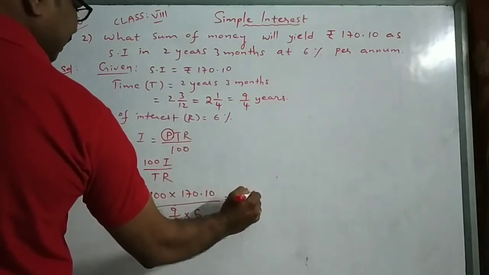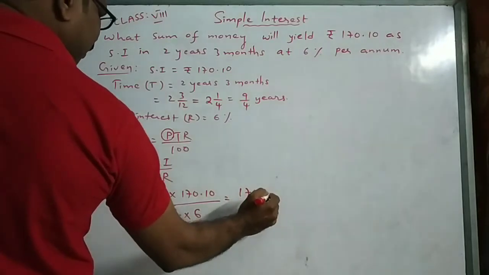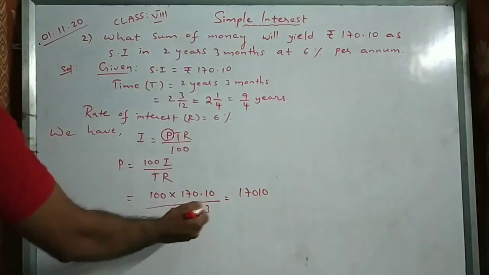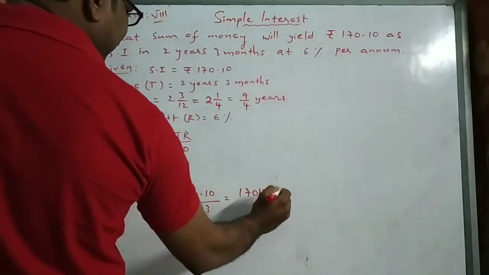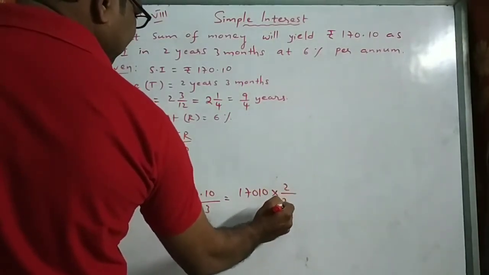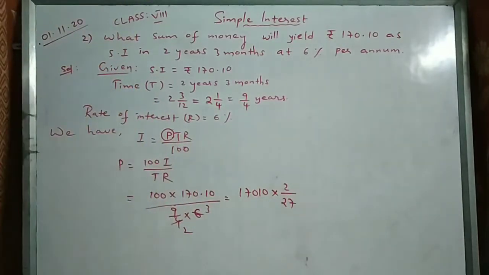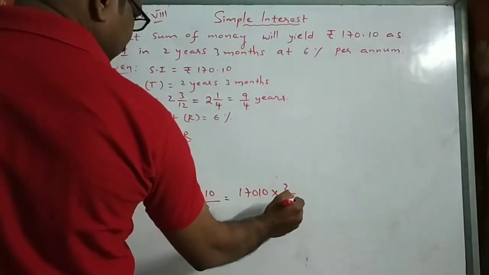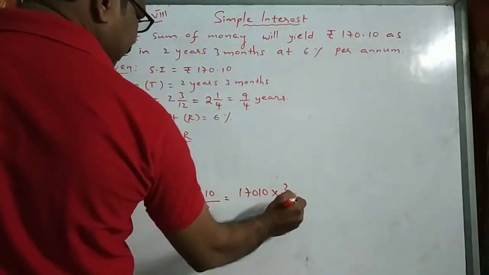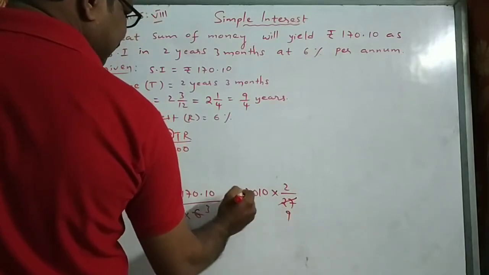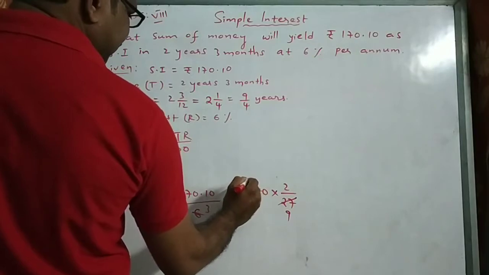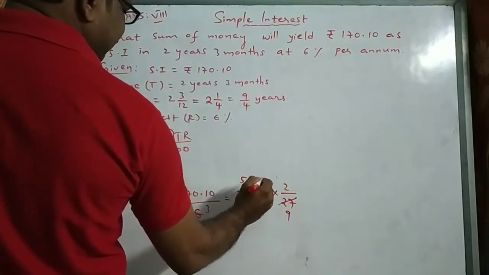Okay? If you multiply with 100, this point will go. So 17010 into 2 twos, 2 threes. 27 by 2. This will be 2 by 27. Okay. Now which table will go? 3 table: 3 nines 27, 3 fives 15, 3 sixes are 18, 3 sevens are 21.